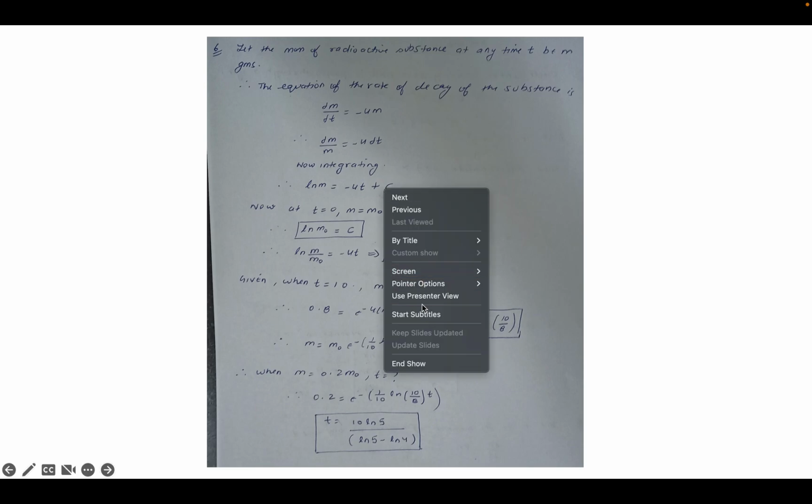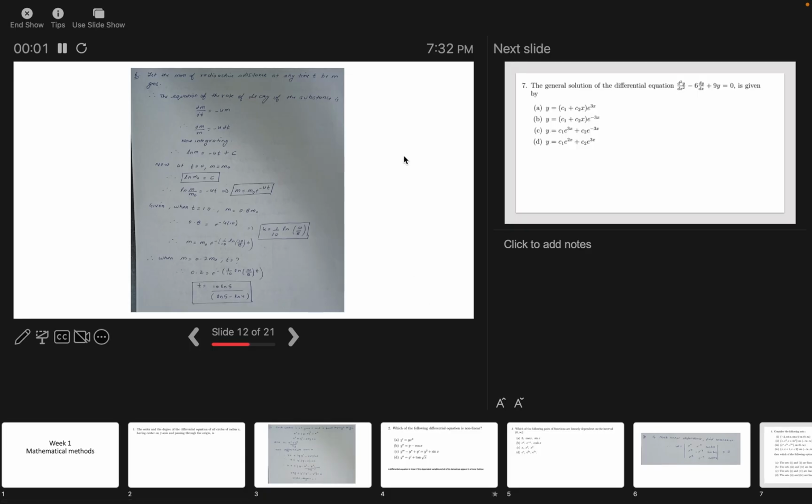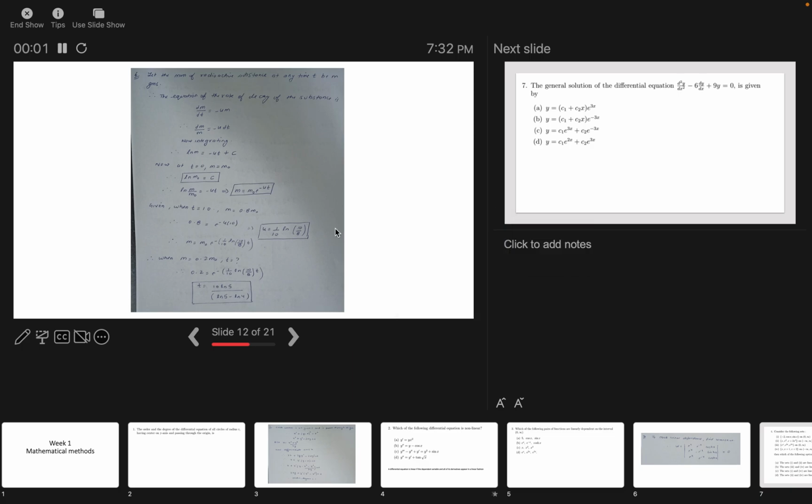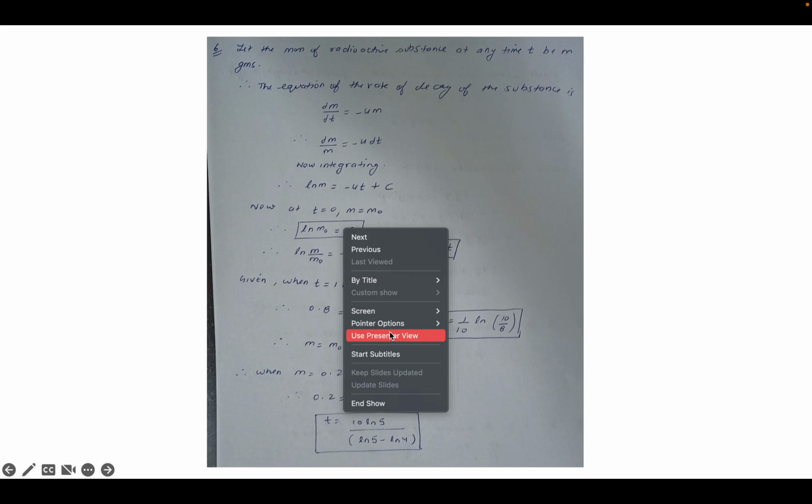Again at t is equal to 0, suppose you have some mass which is equal to m naught. Then if you put t is equal to 0 in this, you can calculate the integration constant c, which is equal to ln m naught, where m naught is the mass present at t is equal to 0.